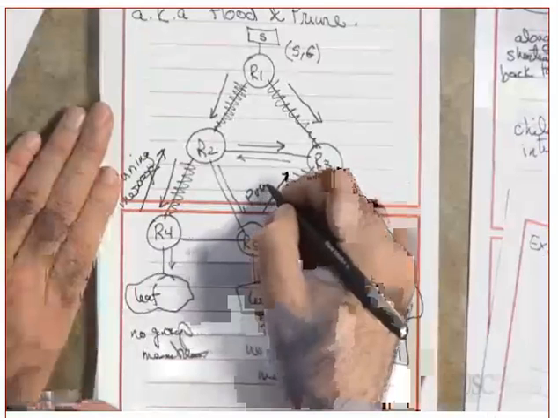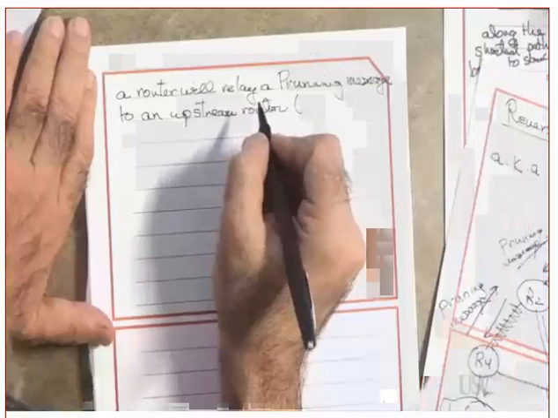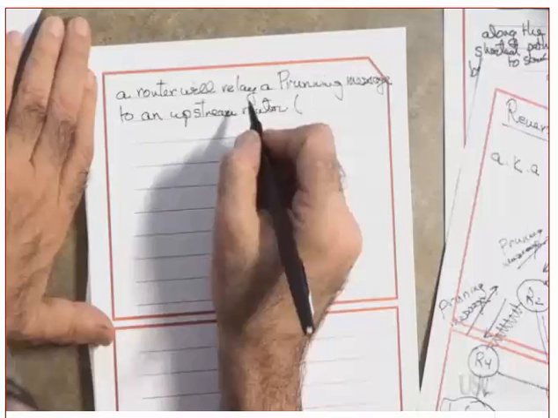RP, rendezvous point. Rendezvous means what? It is a place where everybody meets. Are you following? So we say it's a rendezvous point.